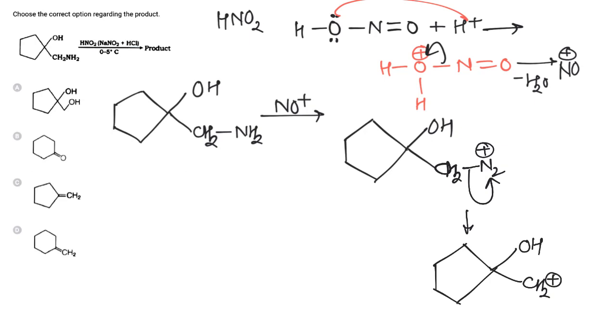Now this carbocation can be further stabilized if positive charge is stabilized by alpha effect of OH group. So rearrangement takes place, and after rearrangement, this carbocation will be stabilized by alpha effect of oxygen. So ring expansion takes place, in which this carbon acquires positive, this carbon will acquire negative charge.